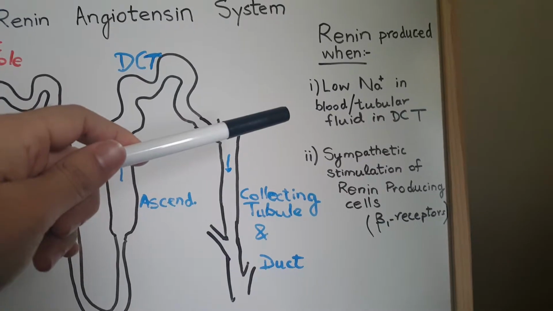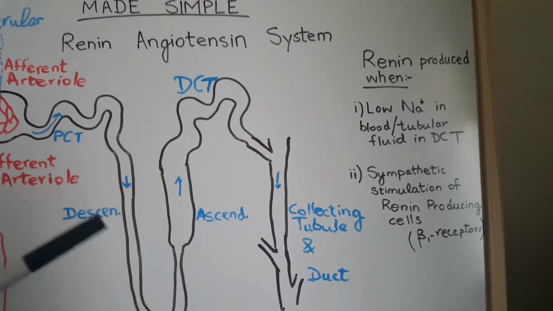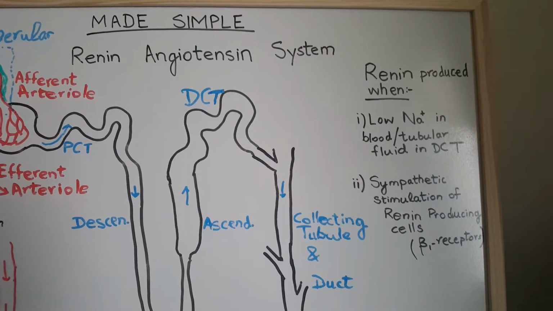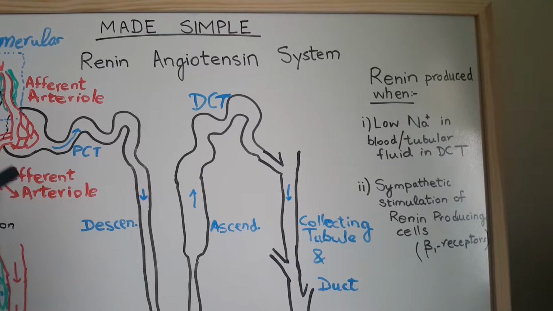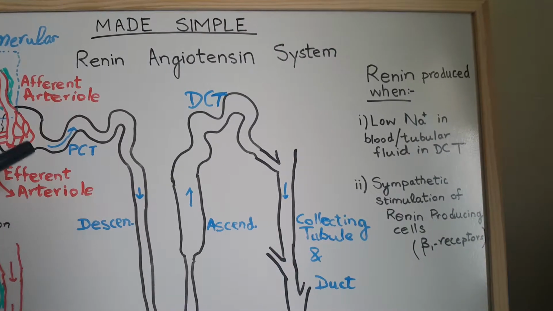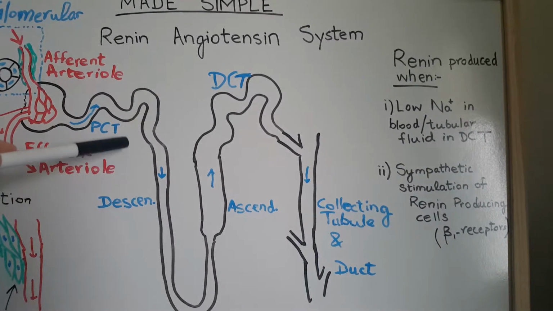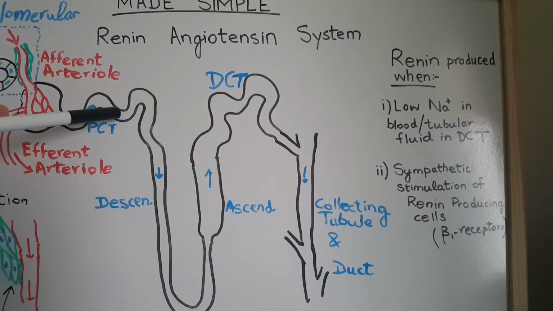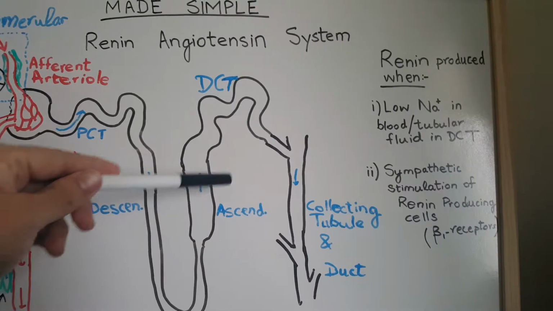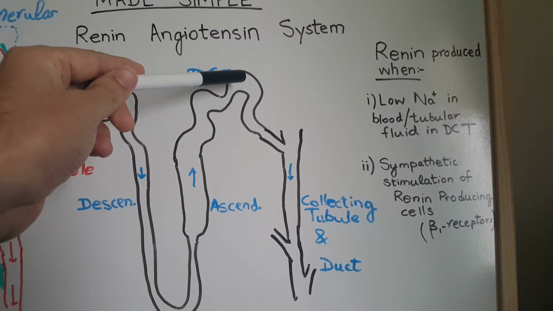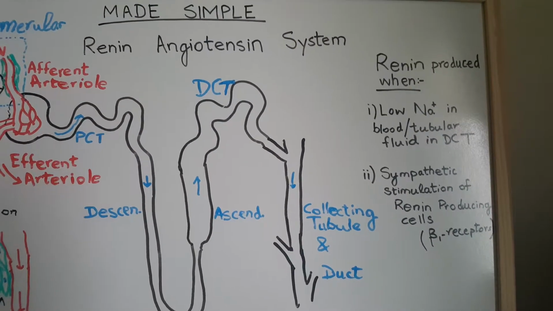in the tubular fluid, which can be a consequence of low sodium level in the blood or hypotension, resulting in increased sodium reabsorption in the proximal convoluted tubule, ultimately resulting in decreased sodium delivery to the distal convoluted tubule.